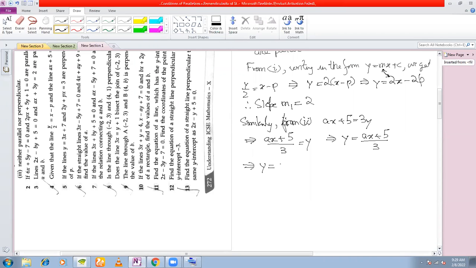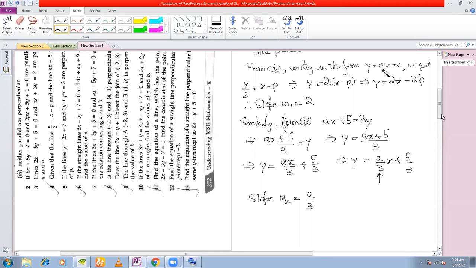Separating, y is equal to a by 3 into x plus 5 by 3. This is of the form y is equal to mx plus c, and m here is a by 3. So slope m2 is equal to a by 3.